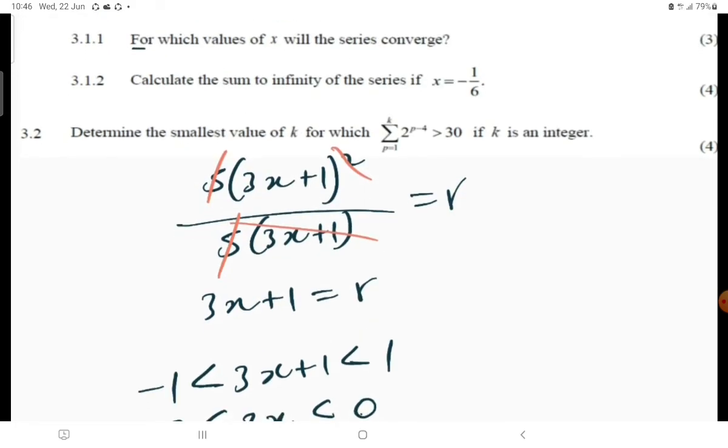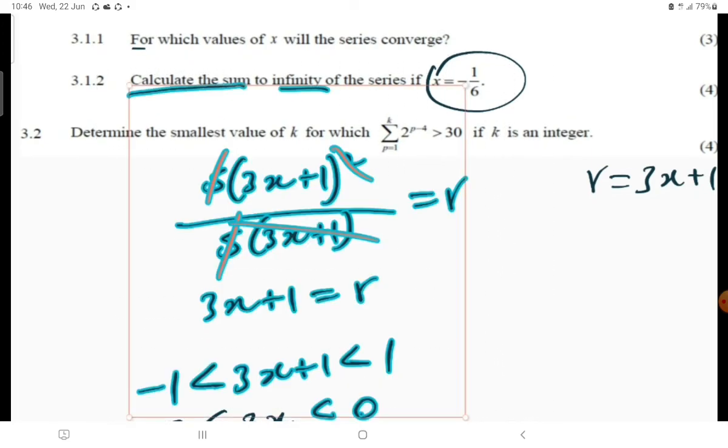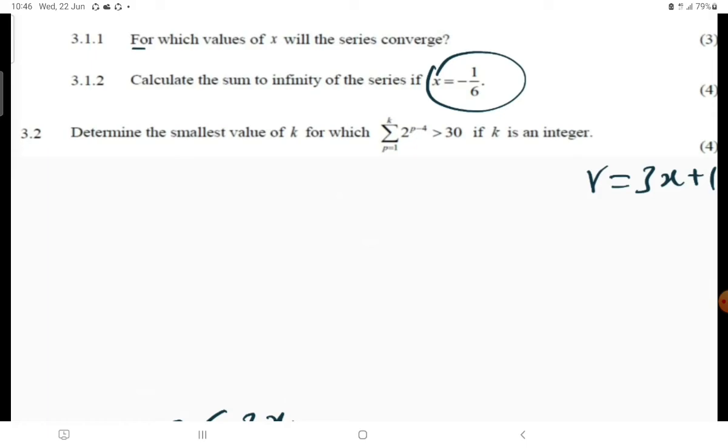It says, calculate the sum to infinity of the series if x is equal to negative 1 over 6. Let's quickly write our r aside, 3x plus 1, and drop all the unnecessary things. We need the numerical value of r, so in the place of x we put negative 1 over 6, plus 1.